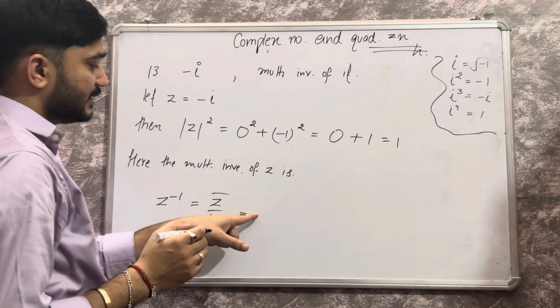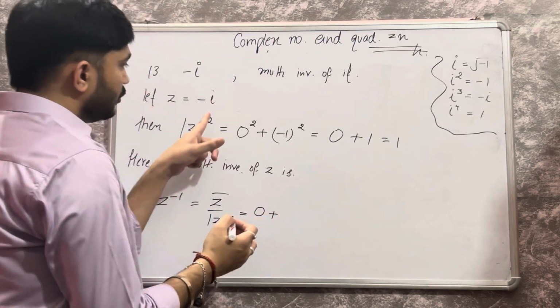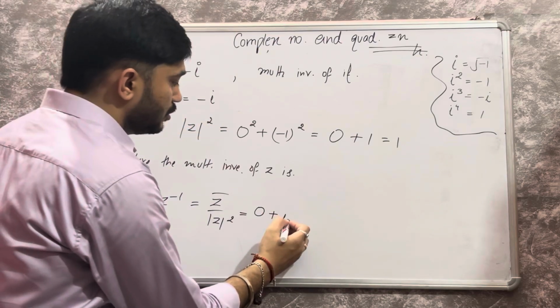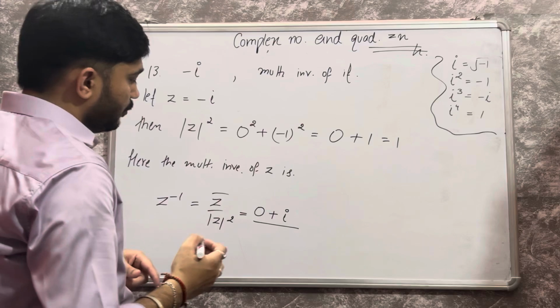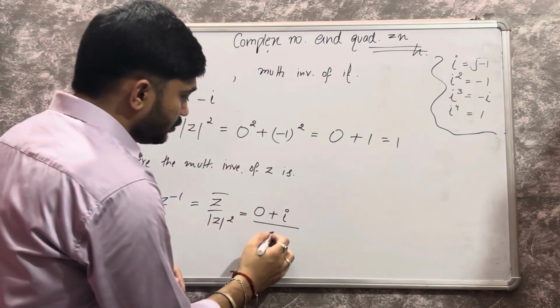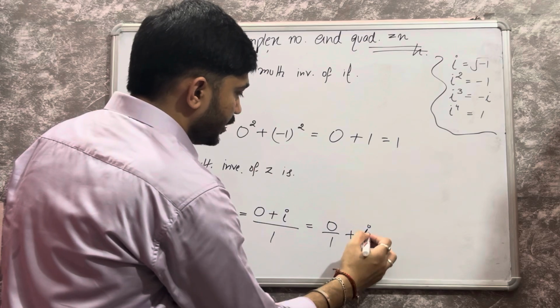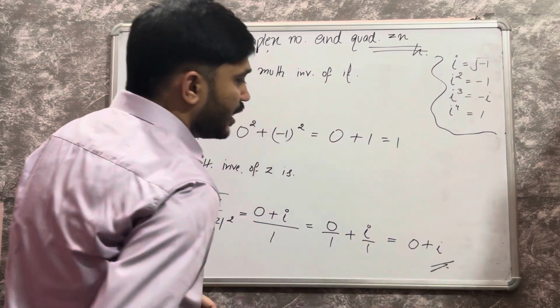Take the real part as it is, that is 0. Change the sign of imaginary part, that is, if there is minus, we are going to change its sign into plus. 0 plus iota divided by mod z square value, that is 1. So the answer will be 0 upon 1 plus iota upon 1. So the answer will be 0 plus iota. Any doubts?